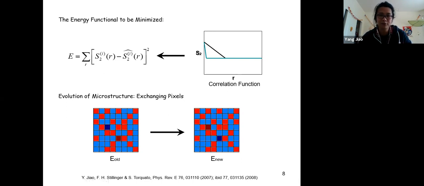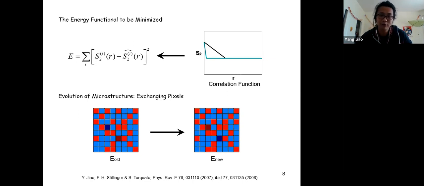But if you think about this problem, if we can find a microstructure that has a minimal energy, which means E goes to 0, this means that whatever this microstructure looks like, it will have an identical two-point correlation function as my target, okay? So we call this a successful reconstruction.